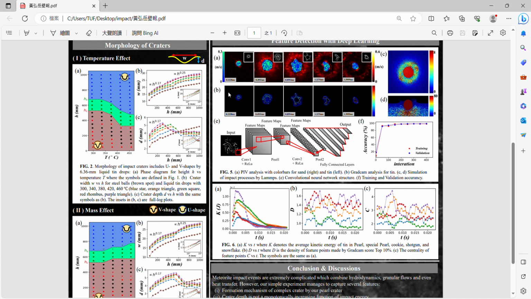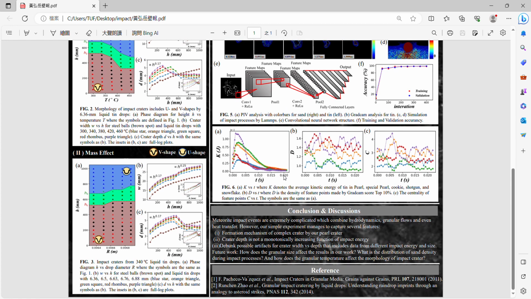Now, due to time, let me make a conclusion. We construct a phase diagram of impact kinetic energy versus impact temperature, and it is established and compared with those from using steel ball and liquid drop.